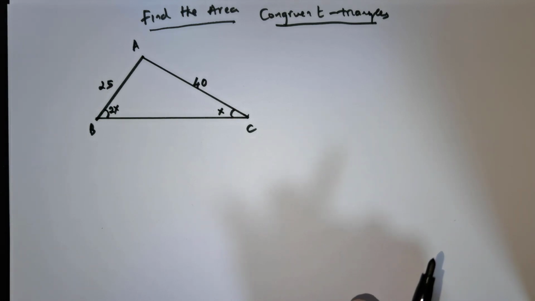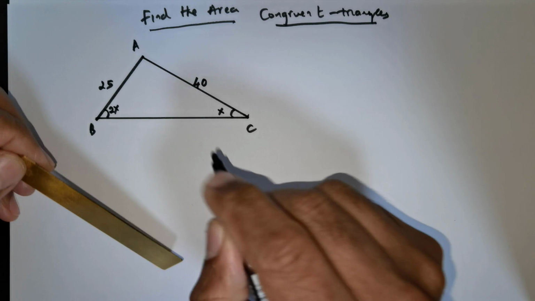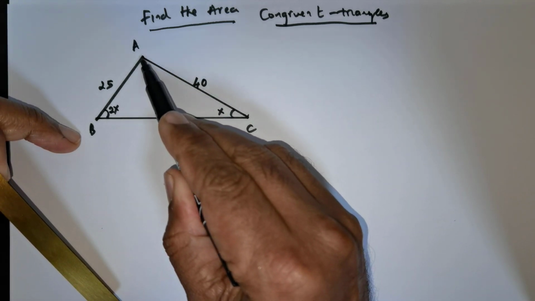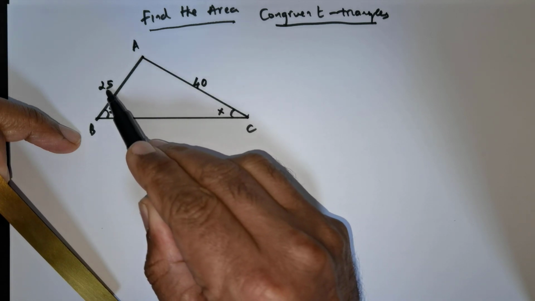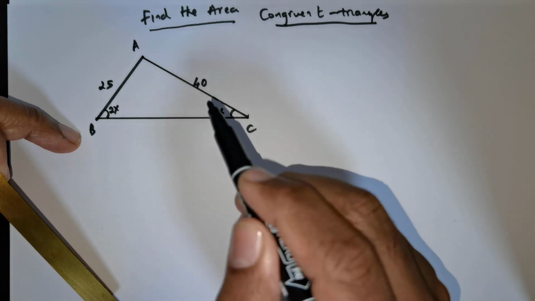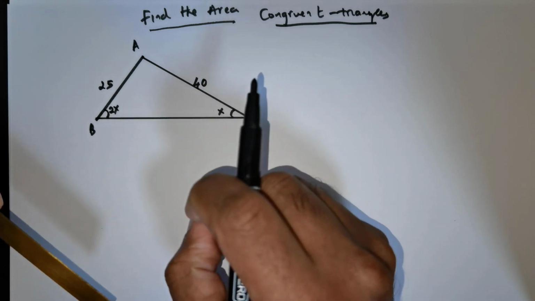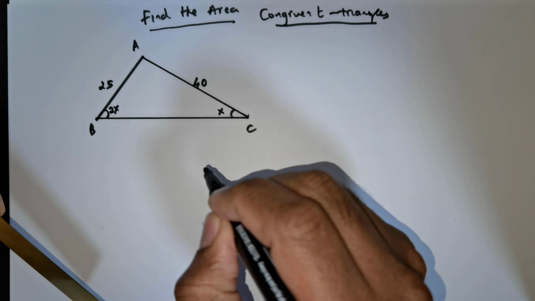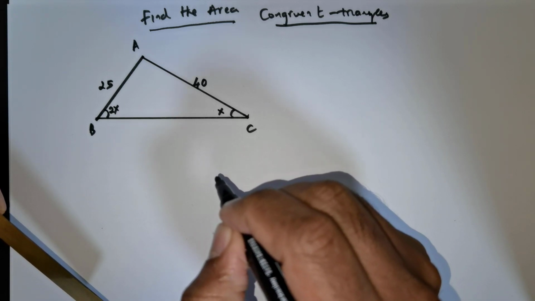Now foremost, what we have to do is create a triangle within this triangle. When you are creating it, make sure that the line you're drawing is exactly 25 units. Of course, we are not using any scale or measurement, so the best way to represent it is to draw the triangle in such a manner that you are creating an isosceles triangle.